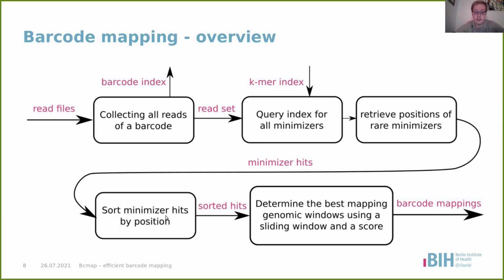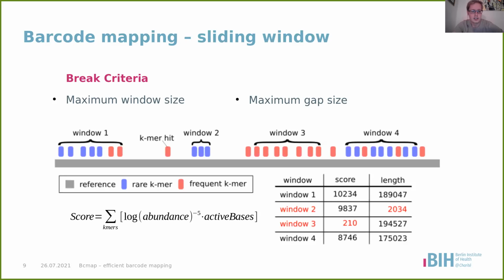We then sort these minimizer hits by their position, and over these sorted hits, we use a sliding window and a score calculated by the sliding window to determine the best mapping genomic windows. And this happens as follows.